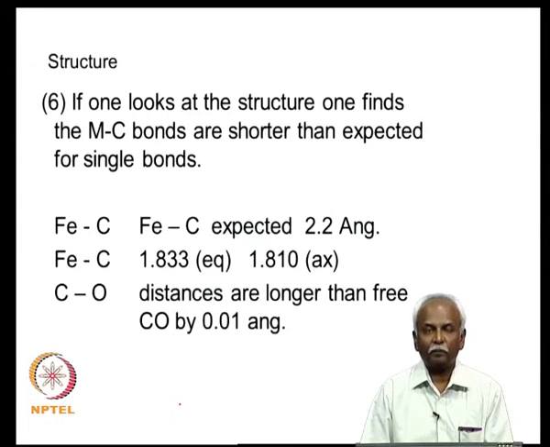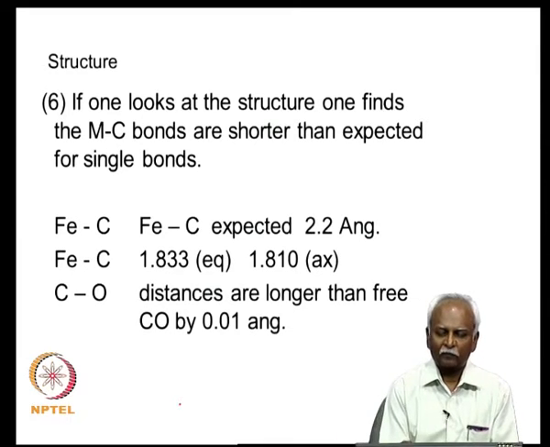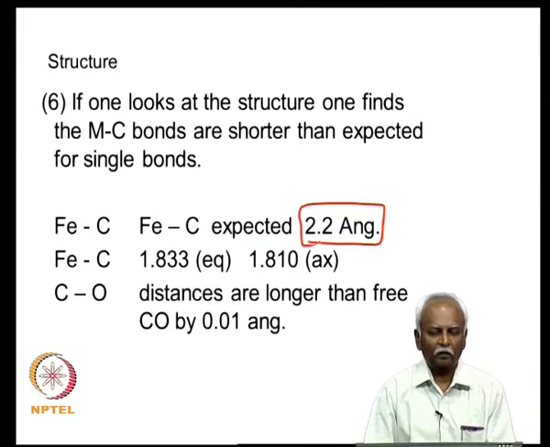If you take the typical example of Fe(CO)5, the iron carbon bond you would expect on the basis of the covalent radius of iron and the covalent single bond radius of carbon, if you add these two together, is a bond distance of 2.2 angstroms. So, 2.2 angstroms is what you would expect on the basis of adding the two single bond radii of the two elements, iron and carbon.